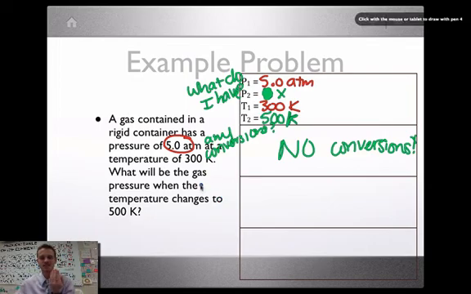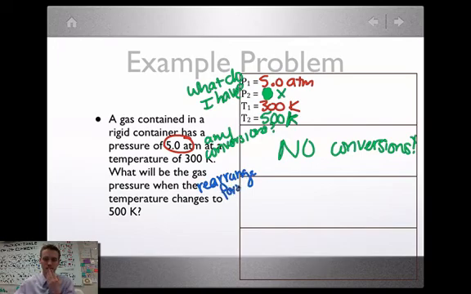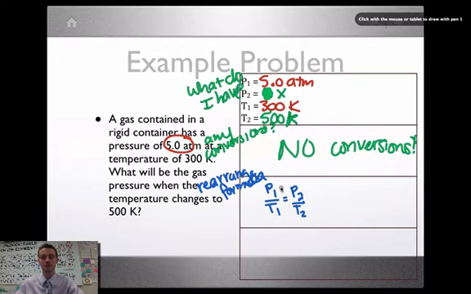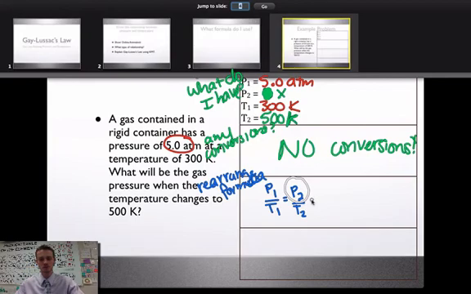Let's move on to our next step: let's rearrange our formula. We decided our formula is pressure 1 divided by temperature 1 equals pressure 2 divided by temperature 2. What do I want to solve for? I want to find my pressure 2.